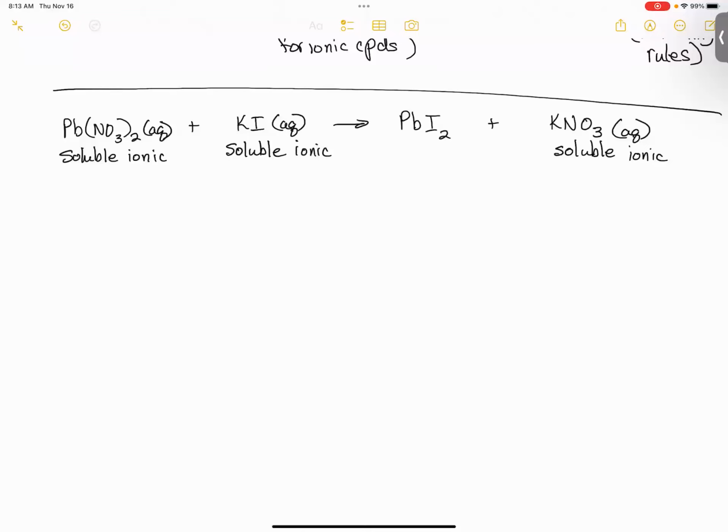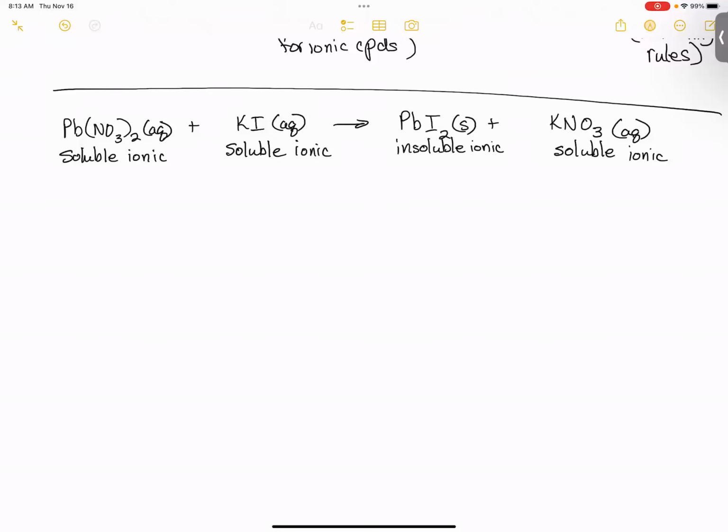Since this halide is attached to lead 2 plus, that makes this an exception. And so this is an insoluble ionic, and so it is a solid.